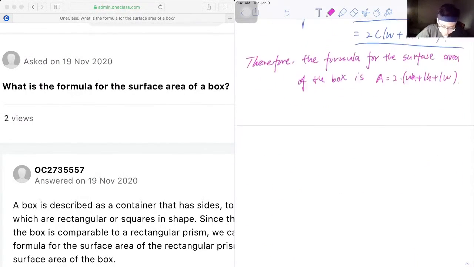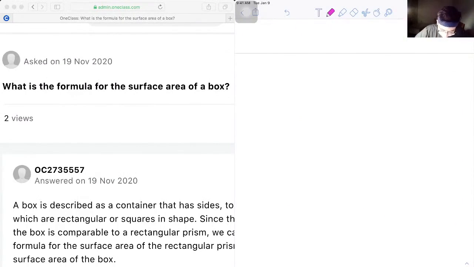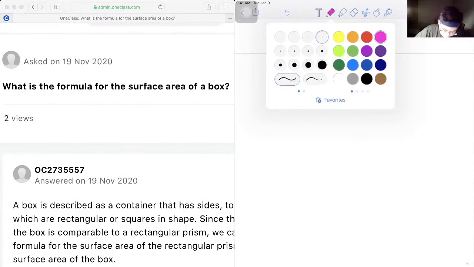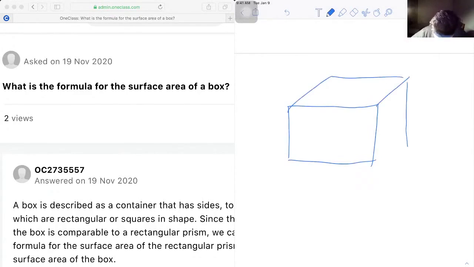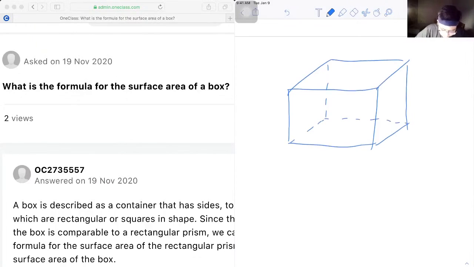So let's try this with an example. Let's say we have a box given by length L equal to 10, width equal to 5, height equal to 2.